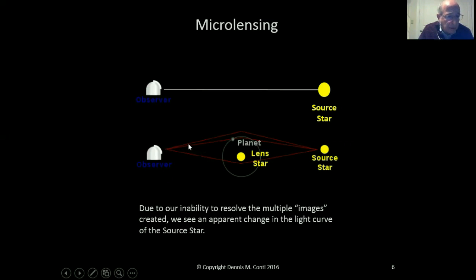And so what we see is one bright star, namely the source star, get magnified even greater, when in fact what's really happening is multiple images are occurring. But from our point of view, it looks like a brightening of the source star. If we were to have milli-arc-second resolution, one would actually be able to see multiple images. But we just don't have the capability to make that fine a resolution.